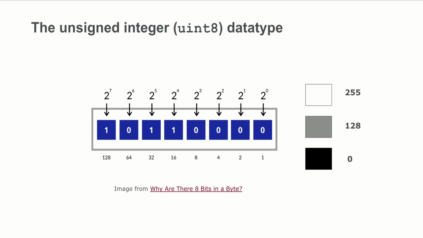When we have 8 bits, we can represent this range between 0 and 255. And this is what most consumer displays do. They use 8 bits per channel, and consumer cameras also capture 8 bits per channel. And when I say channel, I mean channels like red, green, and blue.